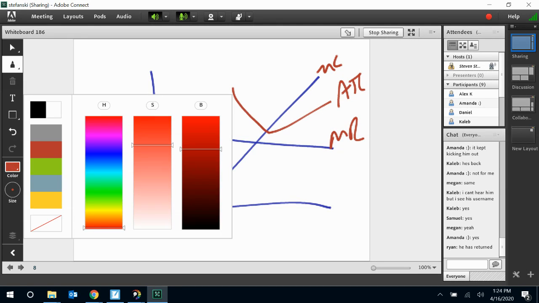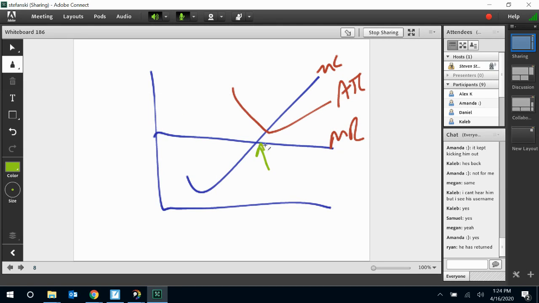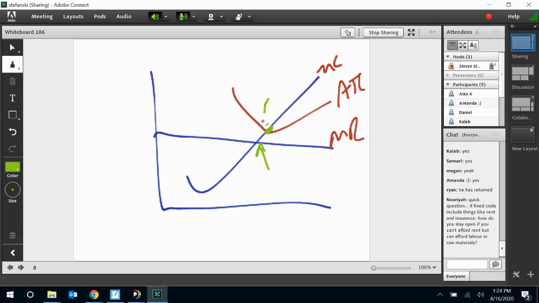In this curve, this spot right here where MC equals MR is allocative efficiency. This spot right here is productive efficiency because we have the lowest costs. Okay.